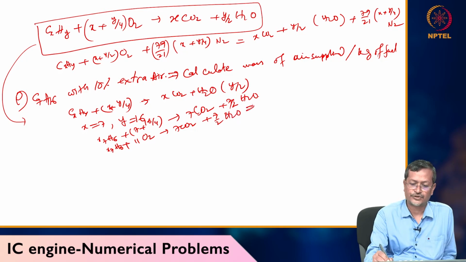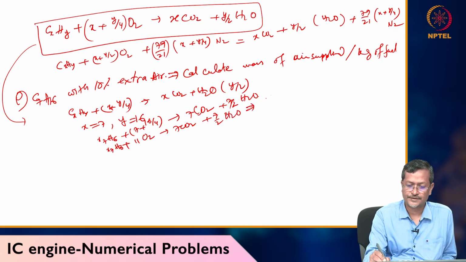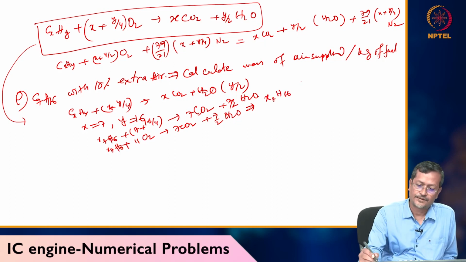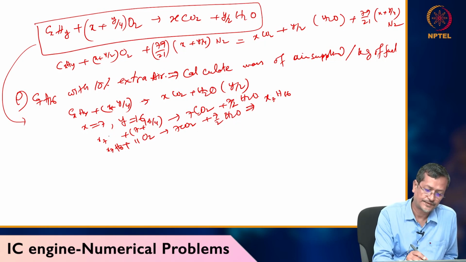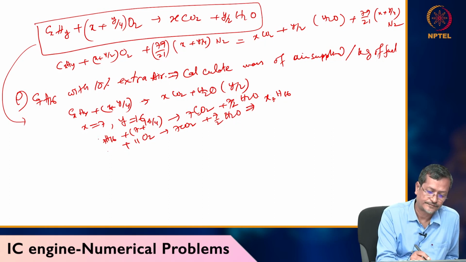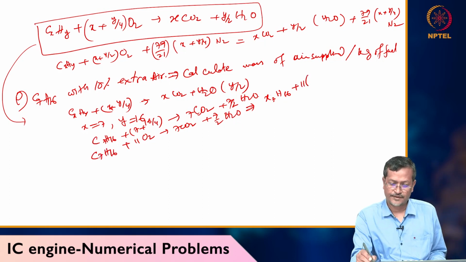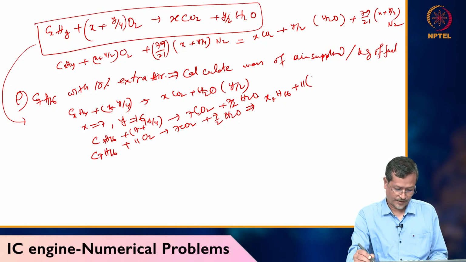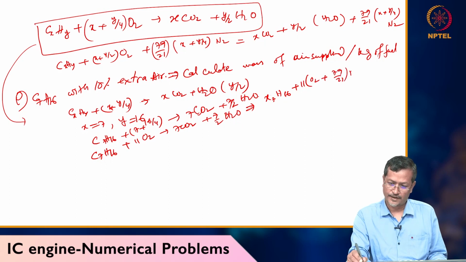Now you have nitrogen also. So what you can do is write C7H16 plus 11 O2 plus 79 by 21 N2, and on the right side 7 CO2 plus 8 H2O.